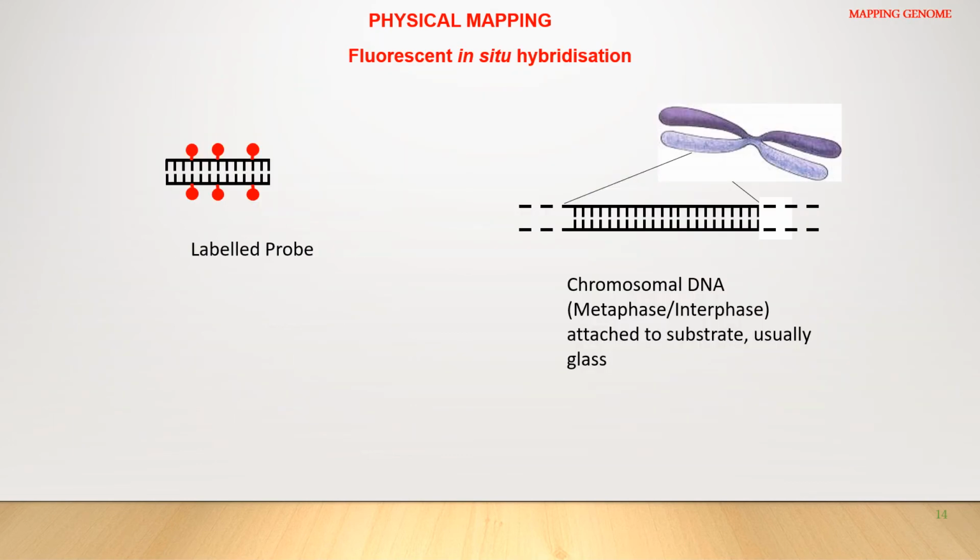The second method is to denature both the cell DNA as well as the probe simultaneously. Here, first the probes are prepared. Probes are nothing but strands of short DNA sequence complementary to the sequence of interest in the genome. These labeled probes are mixed with the DNA fragment.